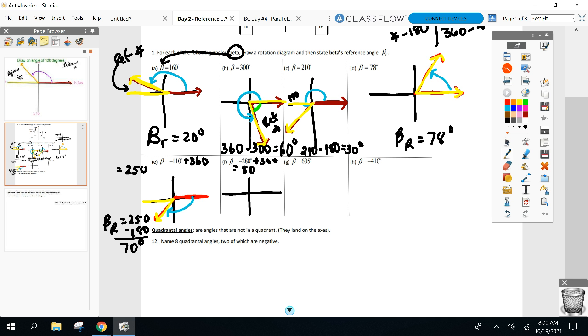But make sure your arrow's going clockwise. What do we know about an angle in the first quadrant? What's its reference angle? Itself, right? So the reference angle here is 80 degrees. Boom.